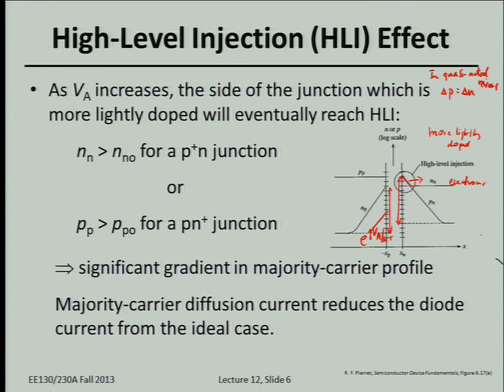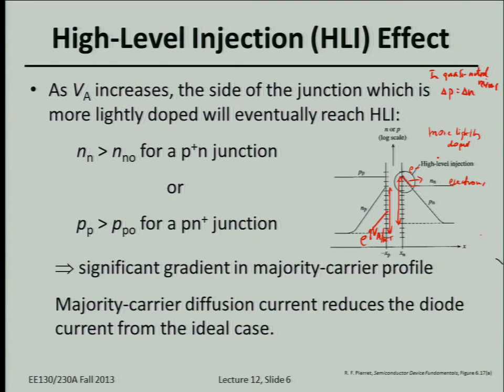This is negative charge moving to the right, so that's negative current. In other words, as you increase the forward bias, you're not going to be able to increase the forward bias current by the same amount anymore, because the majority carrier diffusion becomes significant and counteracts the diffusion of minority carriers.